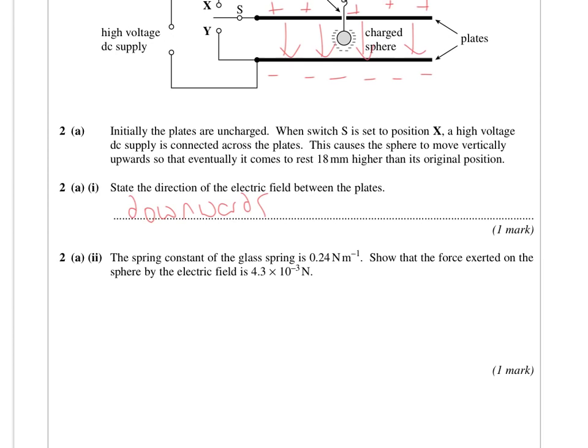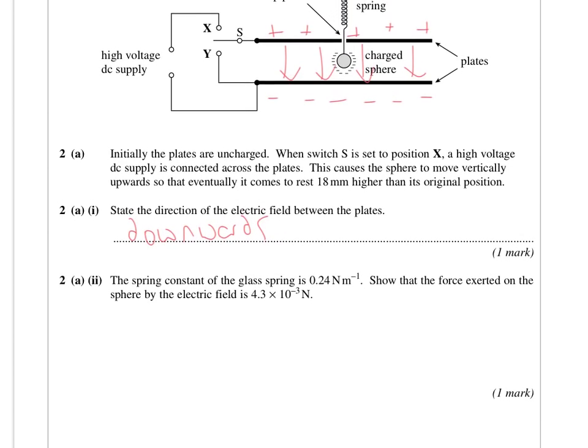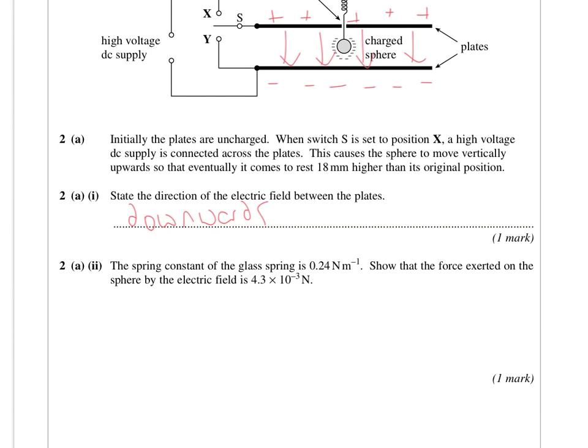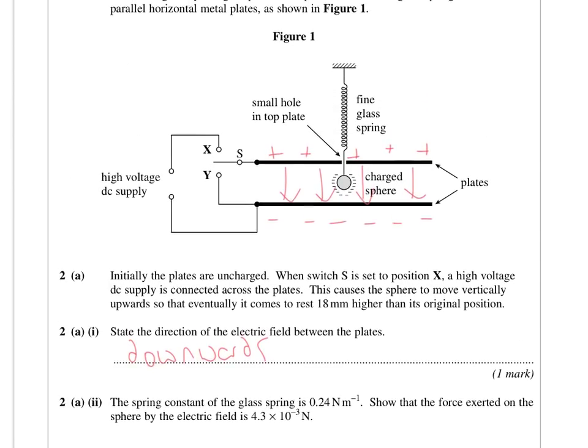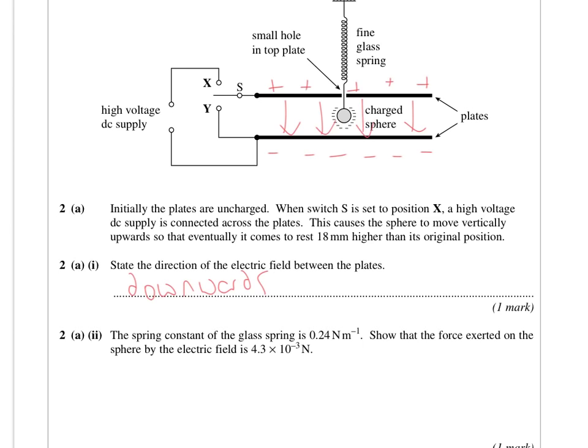Okay, the spring constant of the glass spring is 0.24 newtons per meter. Show that the force exerted on the sphere by the electric field is 4.3 times 10 to the minus 3. So F equals k delta L, which is 0.24 times 18 times 10 to the minus 3.